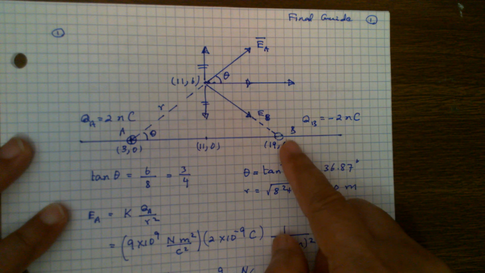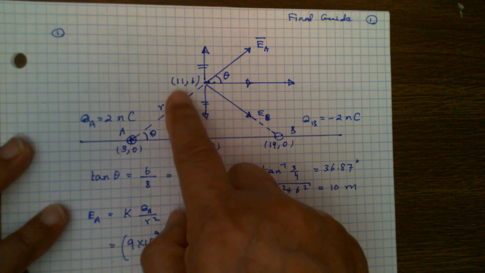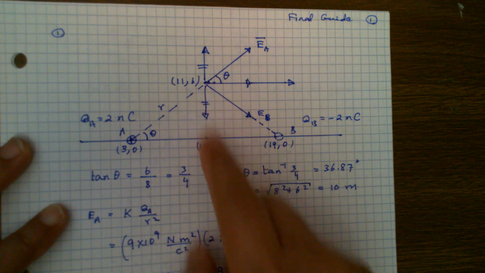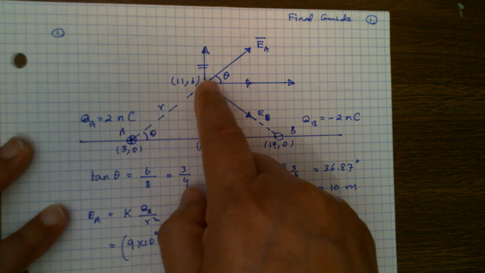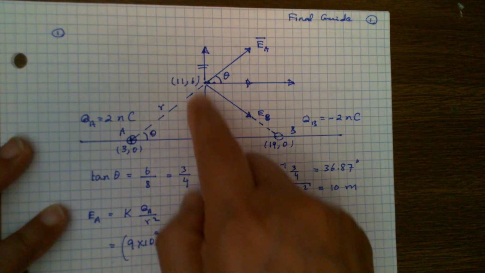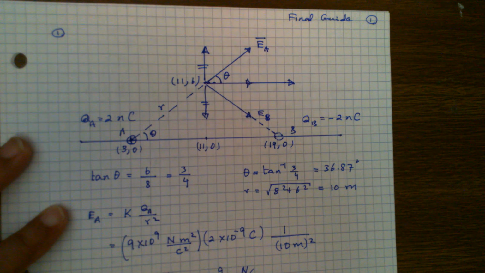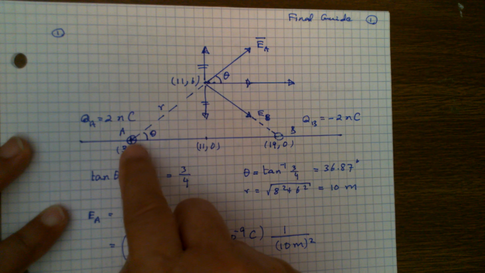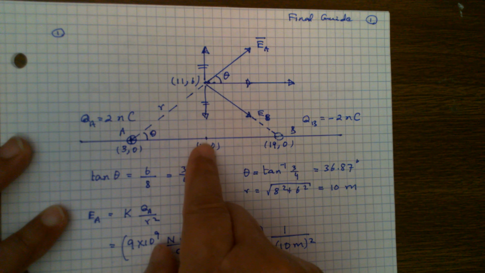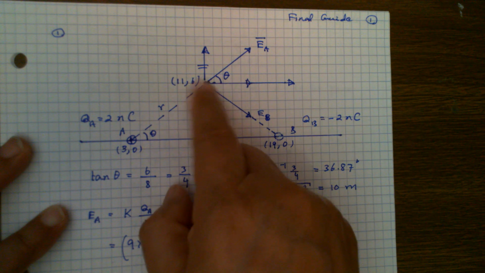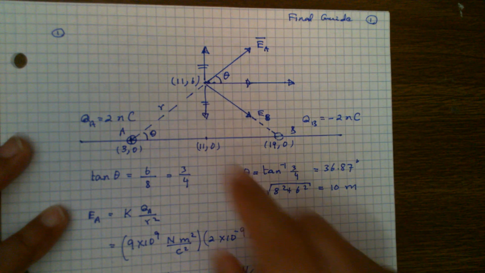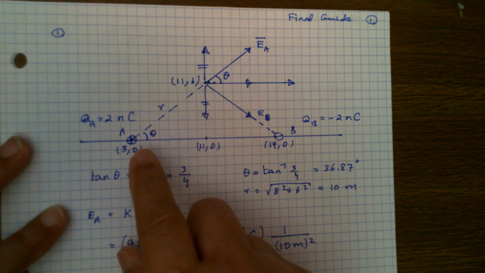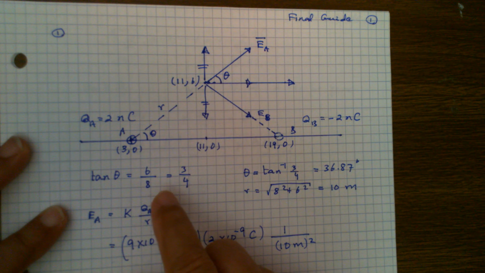And you want to find the electric field at (11, 6). So this is 11, and then up here the y coordinate is 6. I count from 3, 1, 2, 3, 4 up to 11, and then go up 6. So that's (11, 6). All right.